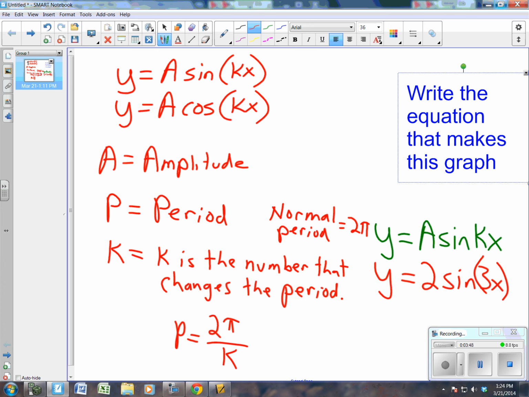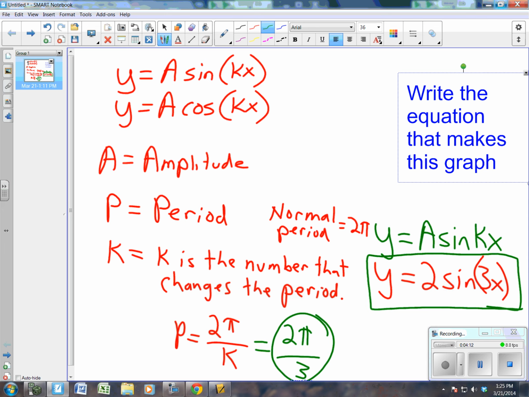Now, this problem that we just did, we came up with this equation right here: 2 sine of 3x. Can we use the information in that equation to figure out what the period of that graph is? How do we do that? Put 3 in for k. So I go 2 pi divided by 3, because k is 3, and I get that the period is 2 pi over 3.